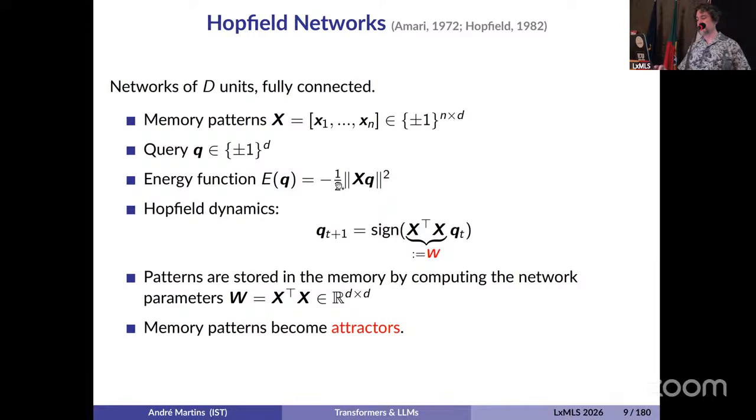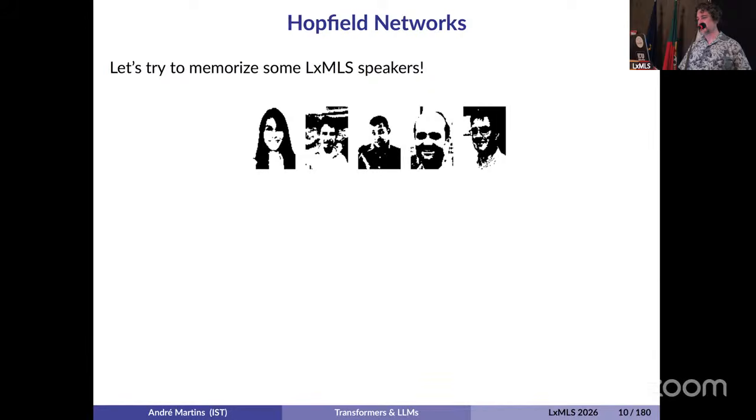It's not very important right now. And then there are some update equations that correspond to these Hopfield dynamics, where we keep updating q_{t+1} based on the previous q_t. The weights of the network are all the dot products across pairs of features in our patterns. And then it just happens that the memory patterns become attractors. Okay, this looks a little bit like magic, but let's see some concrete examples.